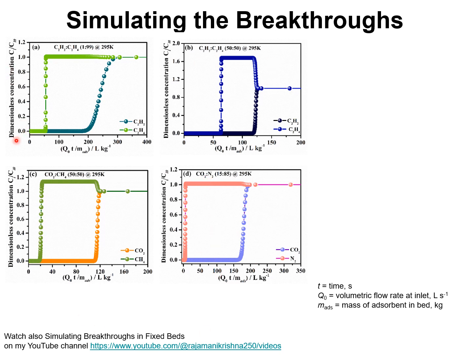In all four cases, the y-axis is the dimensionless concentrations of the gaseous components exiting the adsorber, and the x-axis represents a modified time parameter, that is Q0 times t divided by m sub ads, where Q0 is the volumetric flow rate of the gas mixture at the inlet, say in units of liters per second, t is the time in seconds, and m sub ads is the mass of adsorbent in the bed.